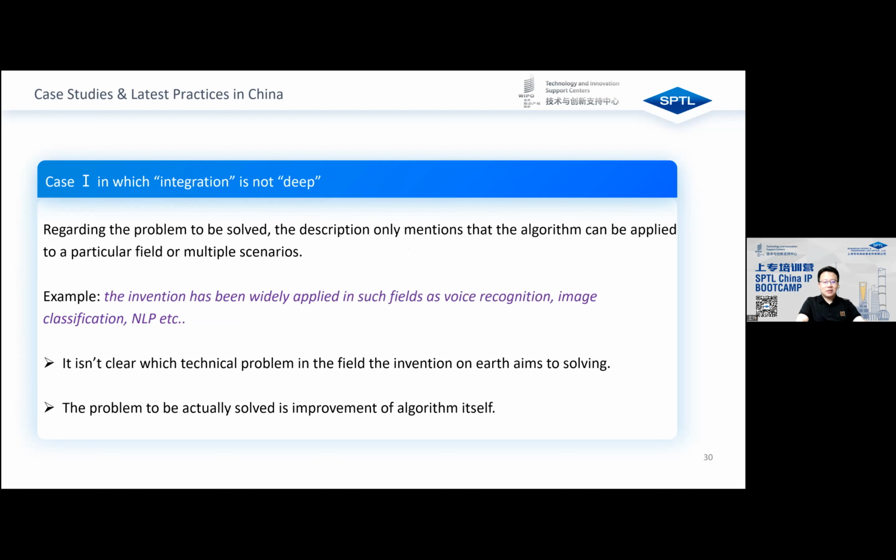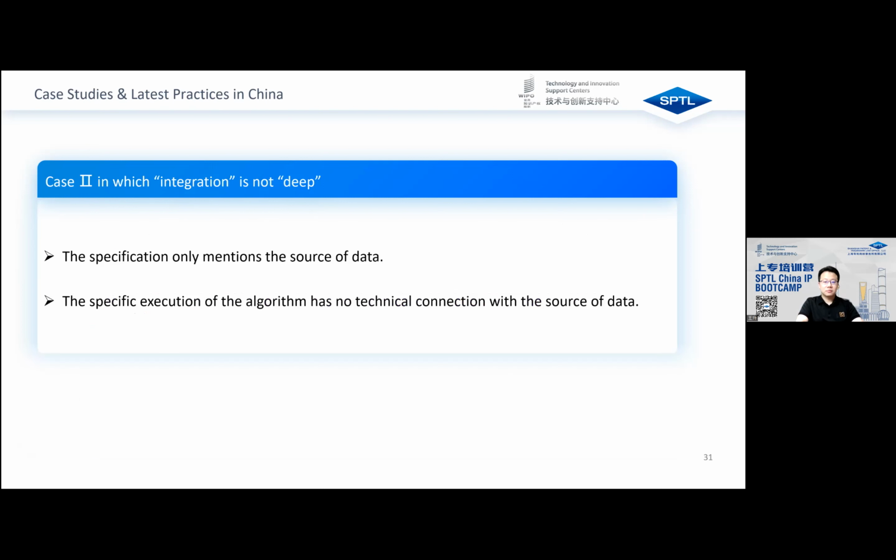Let's say only a statement like the invention has been widely applied to such fields as voice recognition, image classification, natural language processing, etc. is described. The problem to be actually solved is improving the algorithm itself, because it isn't clear which technical problem in which field the invention on earth aims to solve.